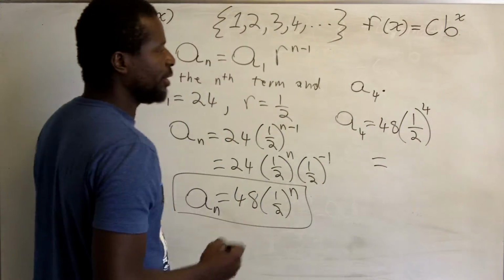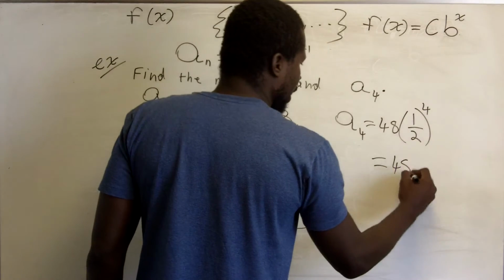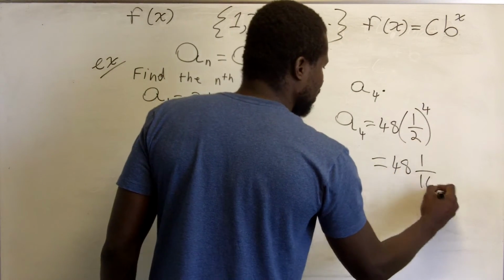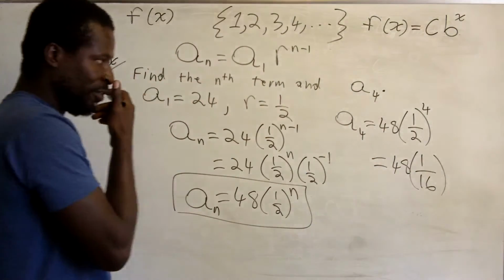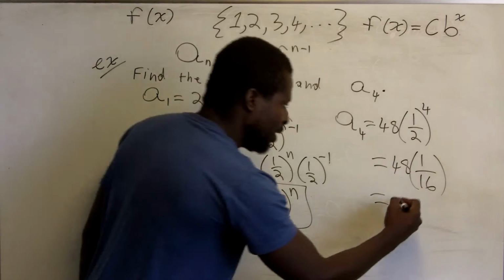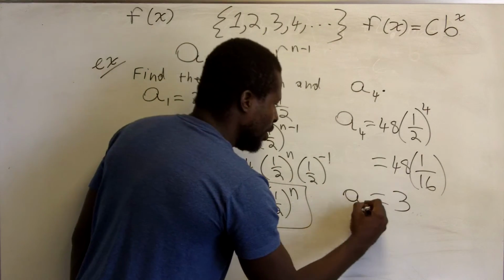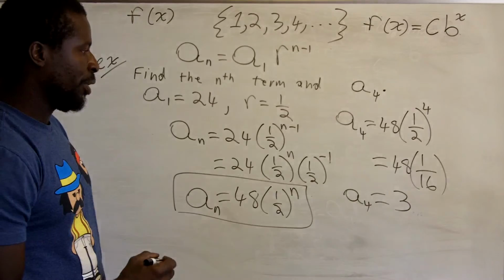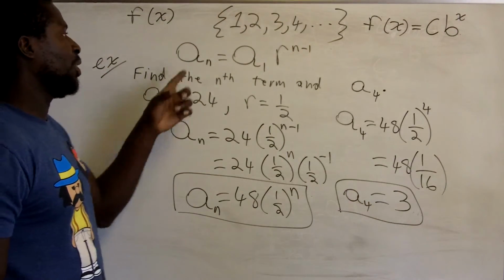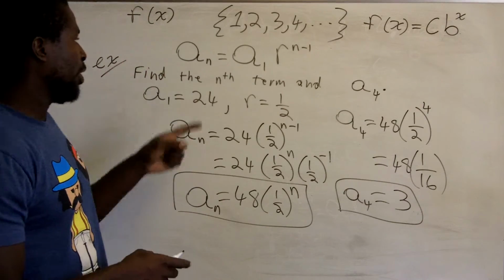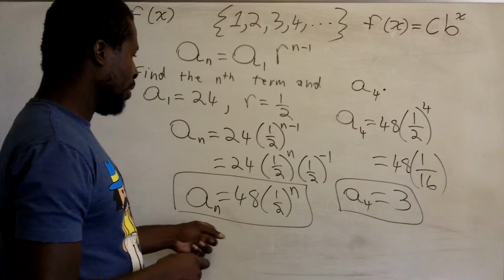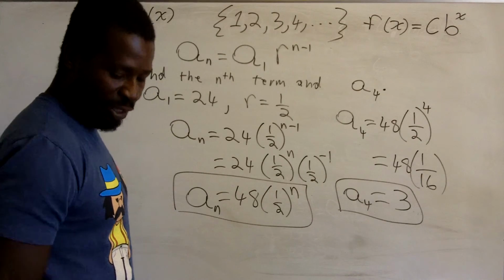That's 48 times 1/16, which is 3. So the fourth term is the number 3. All right, so that's one use of the nth term formula. That's when you're given a1 and r explicitly. You can come up with the nth term, and you can find any specific term.